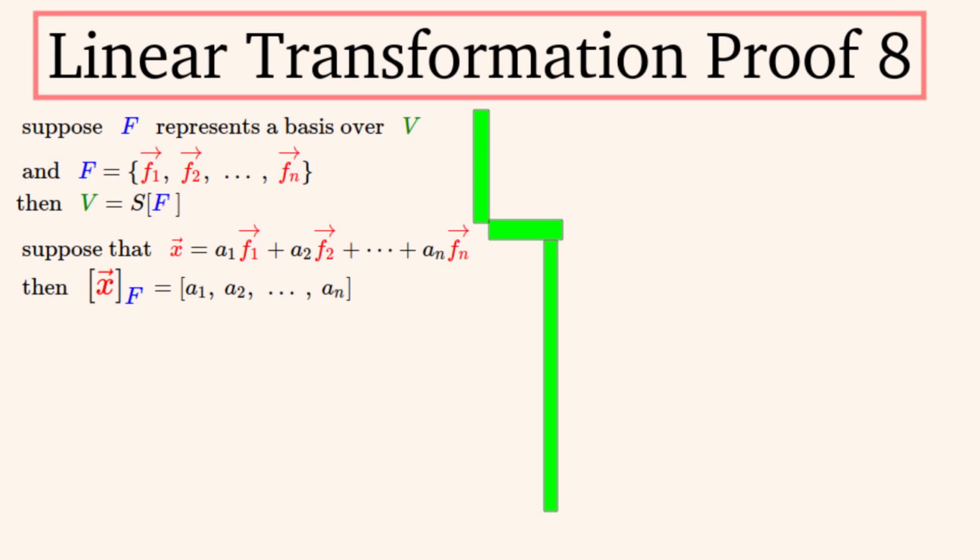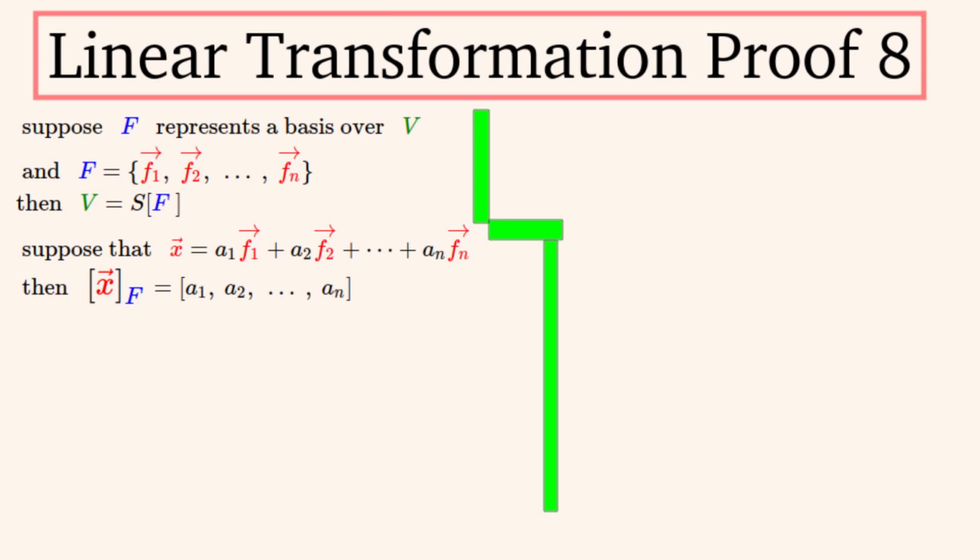I know that there isn't any ordering in a set, but we could assign an ordering to this set of basis vectors, maybe by labeling them in some way or writing them in a set so that they have an order. We'll give this set a property that these vectors are ordered, so that F1 is the first vector, F2 is the second vector, and so on.